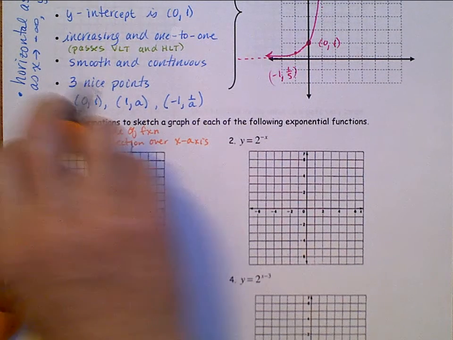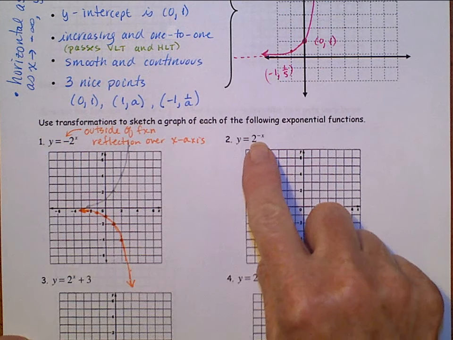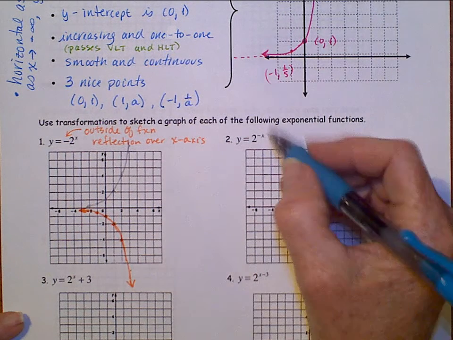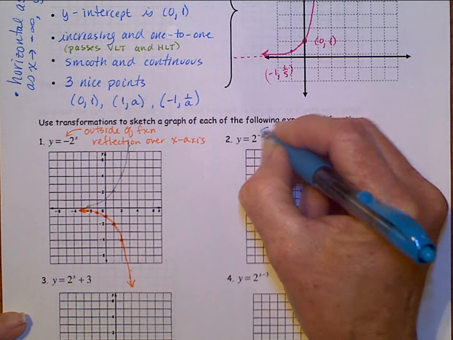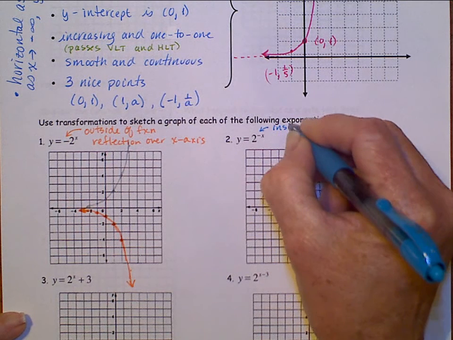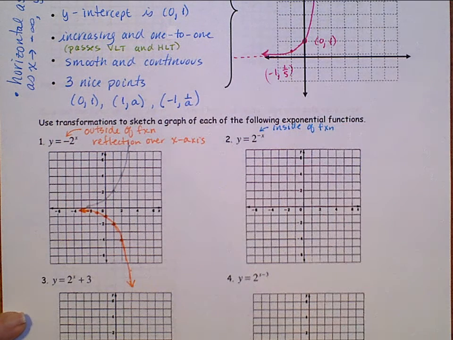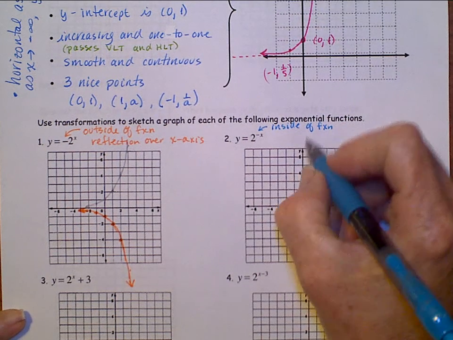All right, let's look at this one when we put the negative on the inside. And a negative on the inside of the function, that's going to be a reflection over the y-axis.